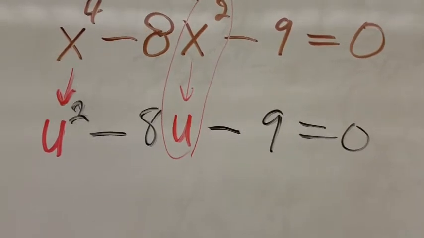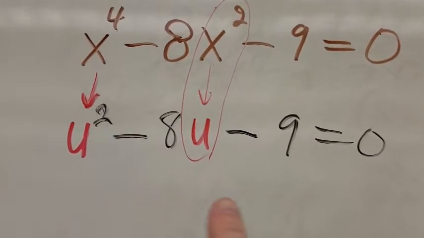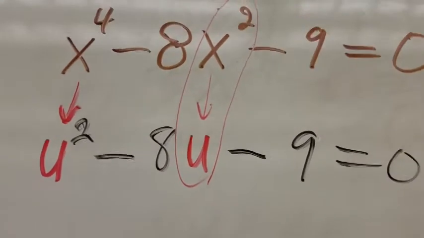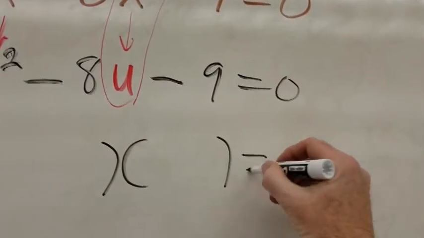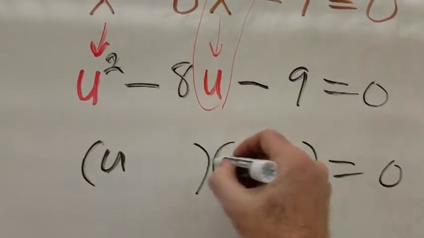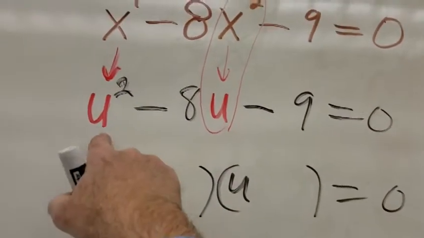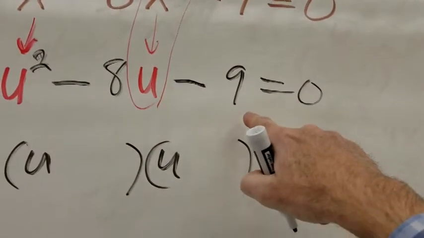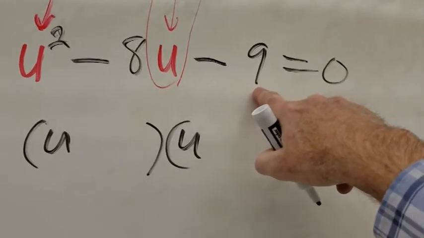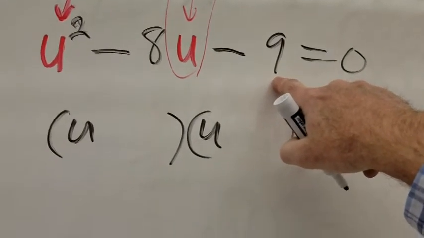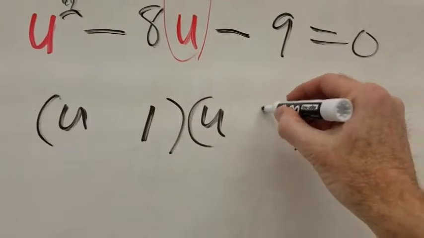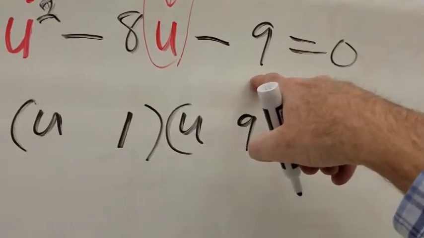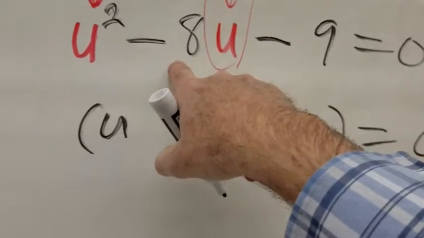So I'm at a point now where I can solve this type of problem, because I know that if I use factoring and I put a U there and a U there, because U times U is U squared, I need something times something equals 9. Well, 3 by 3, but that doesn't equal 8. How about a 1 and a 9? 1 times 9 is 9, but I need a negative 8.